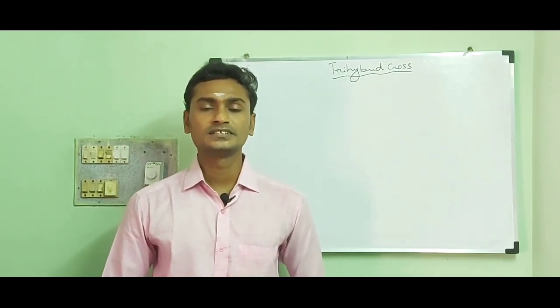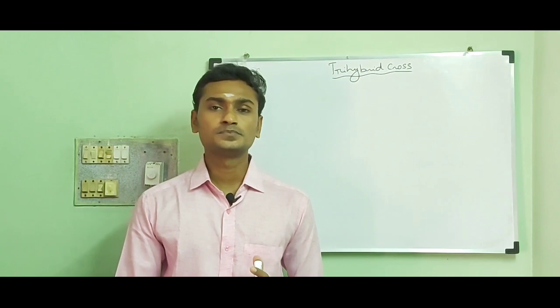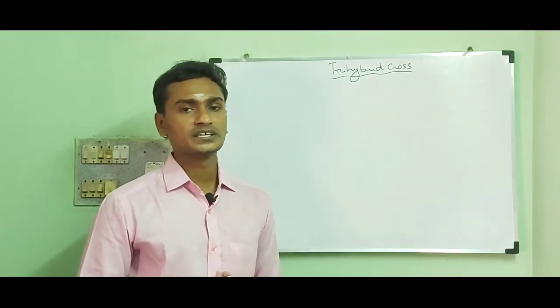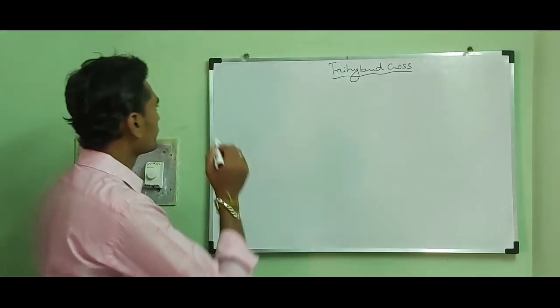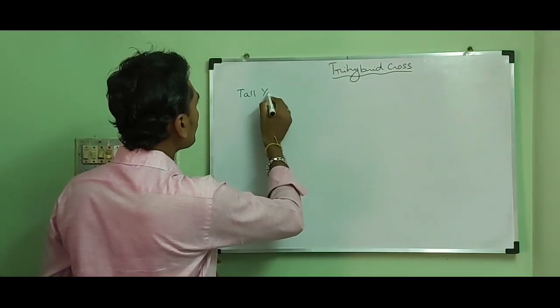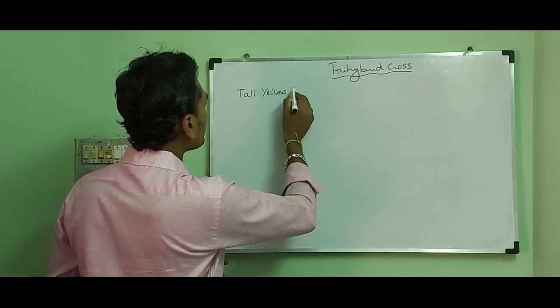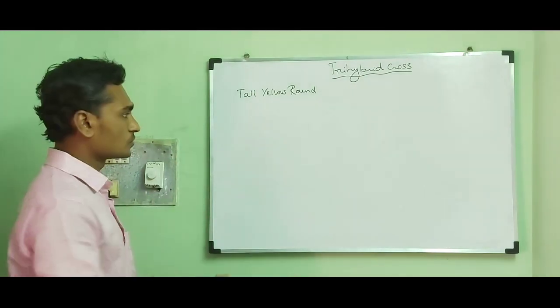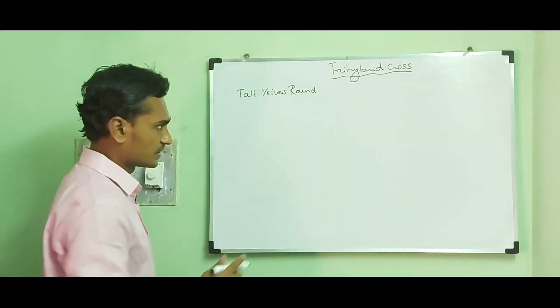That means it must contain 3 types of genes. So, the phenotype of homozygous dominant is tall, yellow, round. So, this is the phenotype for homozygous dominant parent.